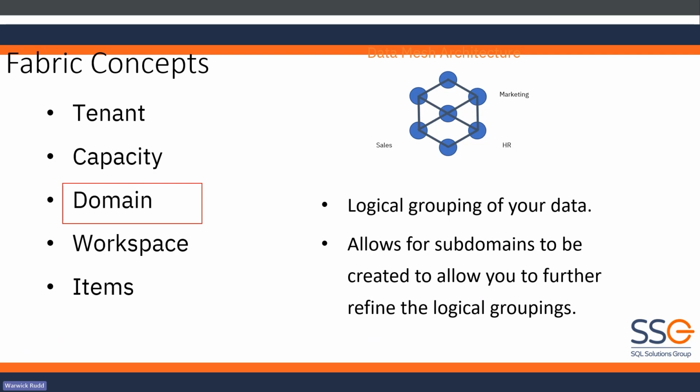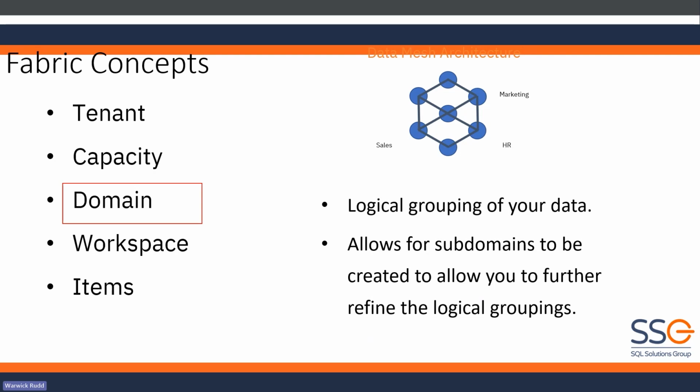Up there, we've got sales, marketing, HR. They are logical, okay? But it means that in our HR domain, we're creating a workspace which has our appropriate items, and we'll talk about what those items are, but only those people in HR are able to see those. Same as with sales. Only the salespeople can see what they need to have access to.